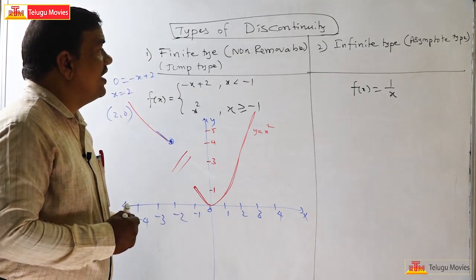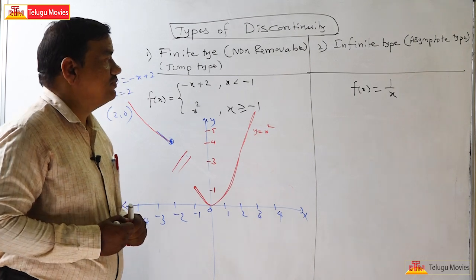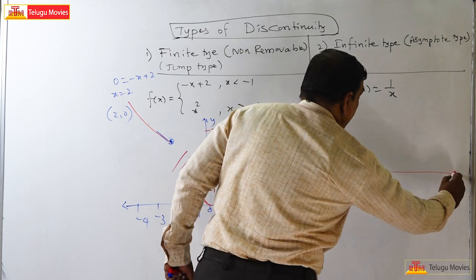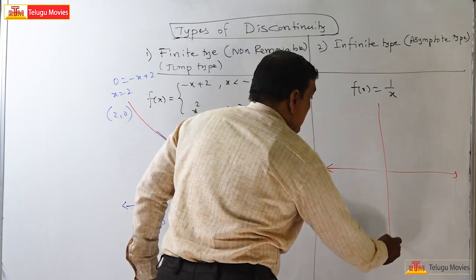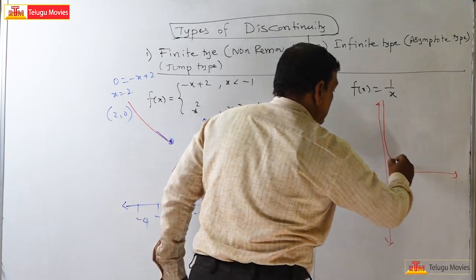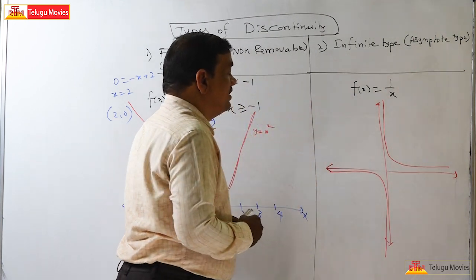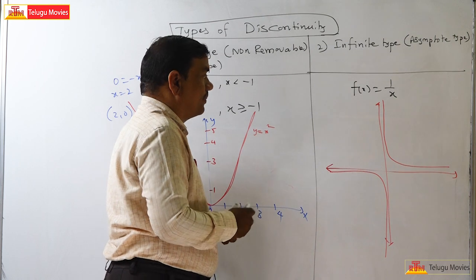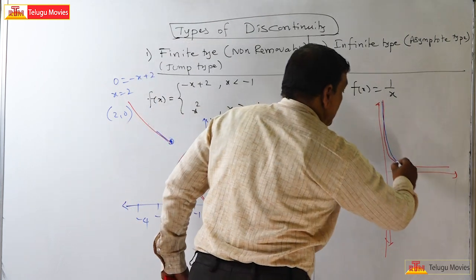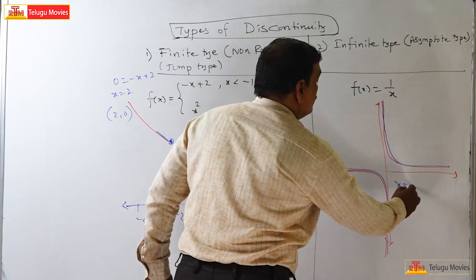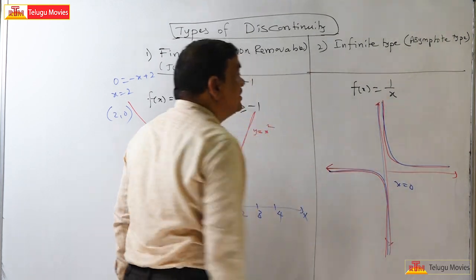Now let us take the infinite type. What does this mean? F of x is equal to 1 by x, we know that graph. It will be like this. At x is equal to 0, the function is discontinuous.